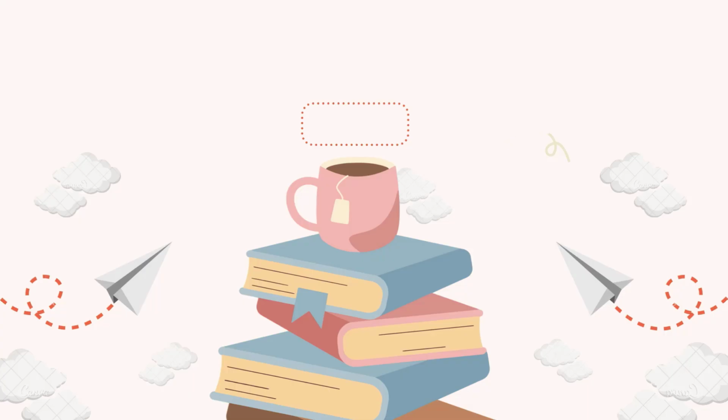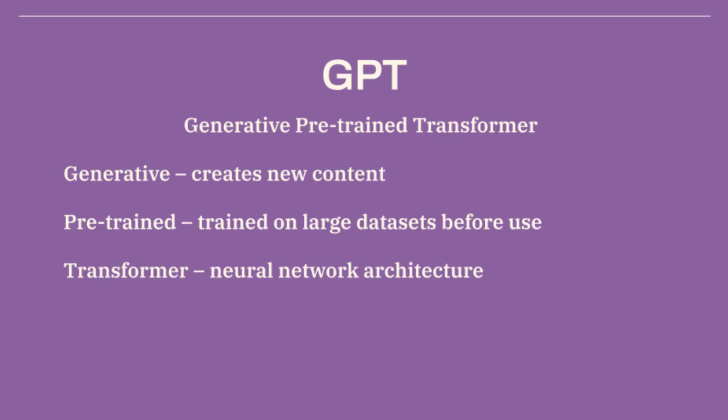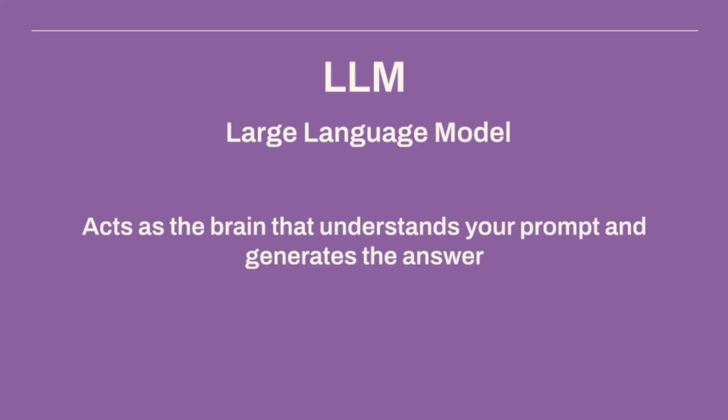In short, the teacher must be pre-trained so that they can share that knowledge with others. Same thing is happening with these AI tools as well. They are pre-trained, and this pre-trained thing is basically LLM, which is large language model, and that is responsible to understand your prompt and generate the answer. Or you can say LLM is the brain behind these AI tools.